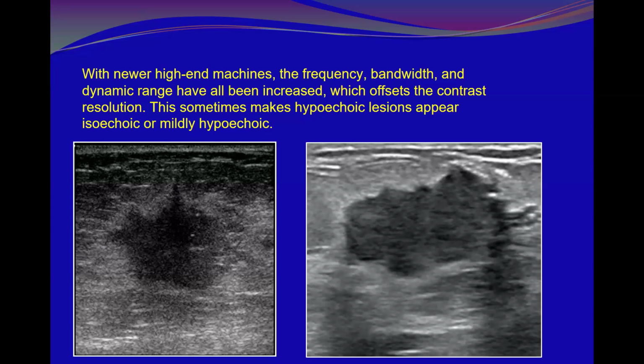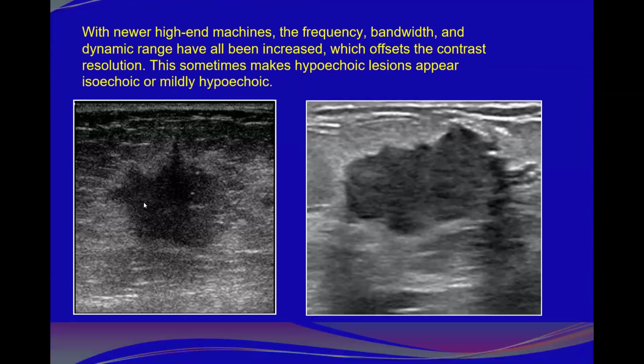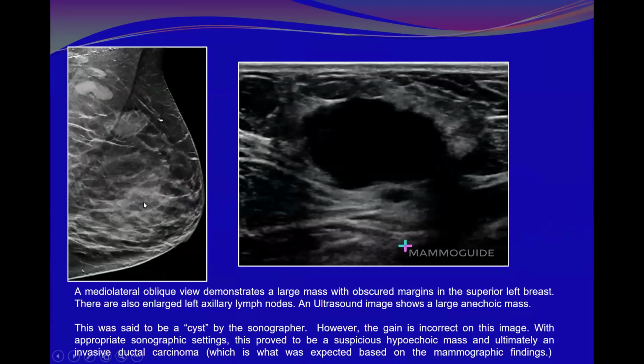You see, this sometimes makes a hypoechoic lesion appear iso or slightly hypoechoic, rather than our old machines that showed all of the lesions as deeply hypoechoic. But we also have to be cautious regarding our technique.